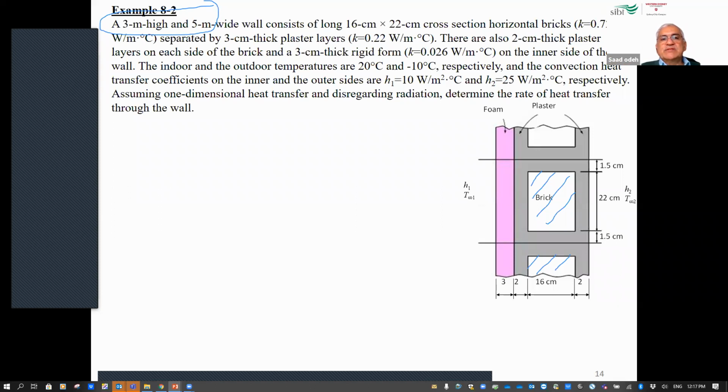And the bricks, of course, are separated by, as we said, a plaster layer or cement layer. And the cement layer thickness is already given. And also the k of each material, of the brick and of the cement, is already given.